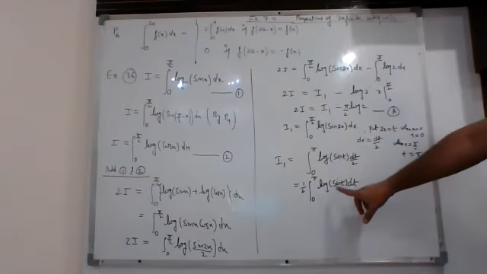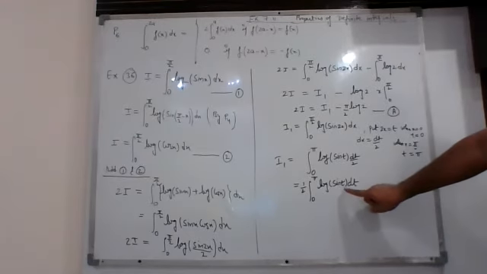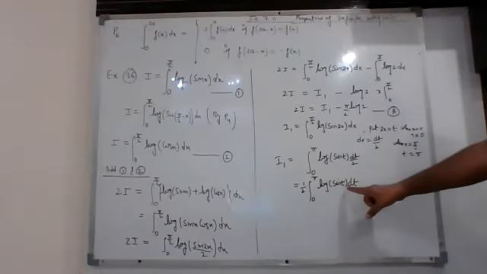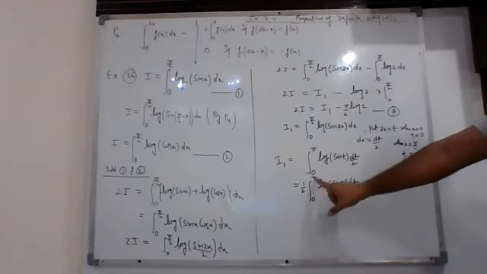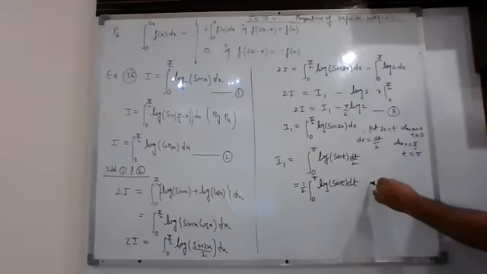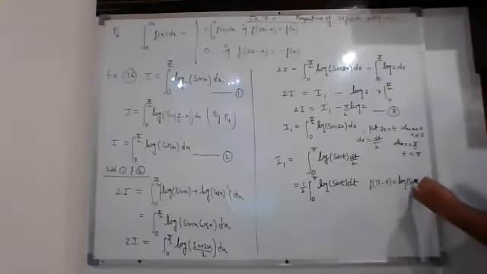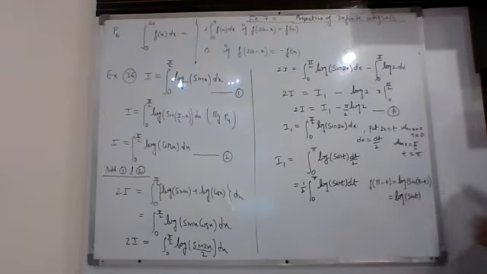Now here we will apply P6 property. When you apply P6, you can see that log sine of pi minus t will be equal to log sine t, because you know that sine of 180 minus theta is sine theta.